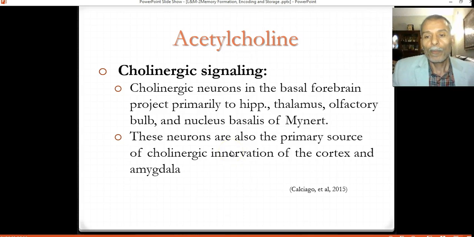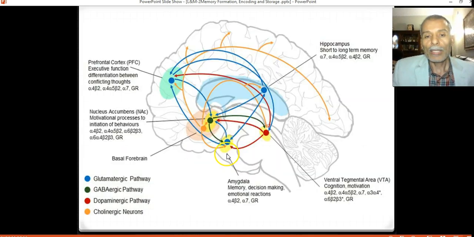So basically, this network is quite vast, and you can trace the cholinergic system here in the orange, and you can see now, all of this is part of the basal forebrain.